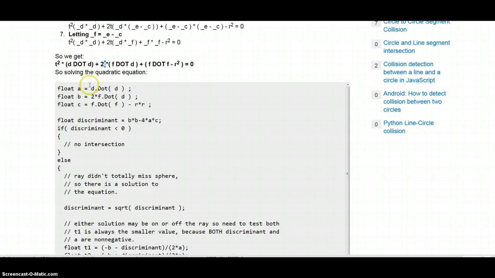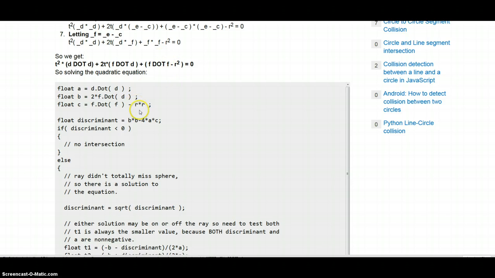And so A gets the dot product of D and D, B gets 2 times the dot product of F and D, and C gets the dot product of F and F minus R squared.